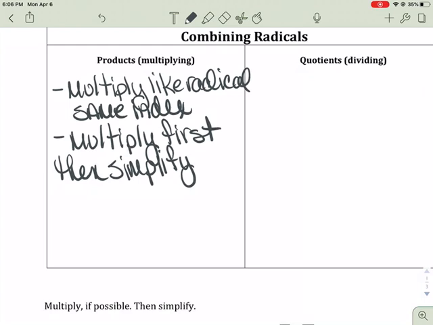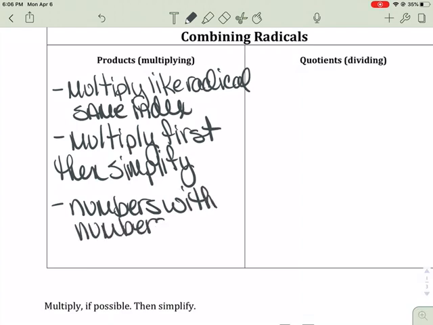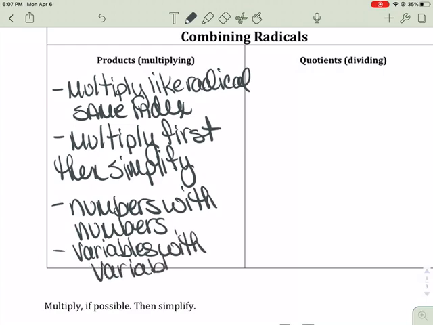And when we multiply, you want to multiply your numbers with numbers, and your variables with variables. Okay? And then you're going to simplify like we did the other day.